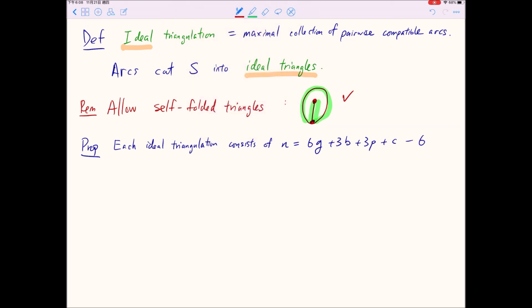So g will be the genus in the sense we discussed before, and b will be the number of boundary components. p stands for punctures, and c will be the mark points on the boundary, so those mark points that are not punctures.